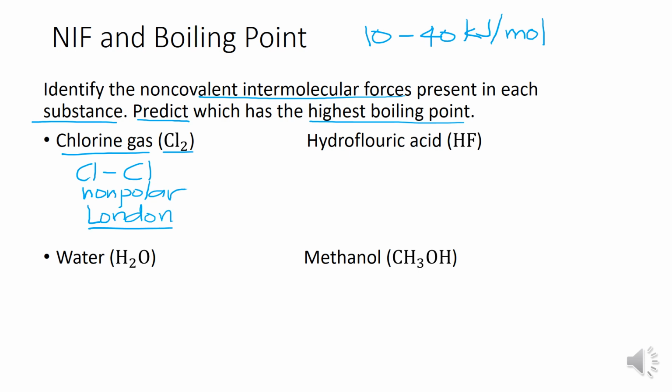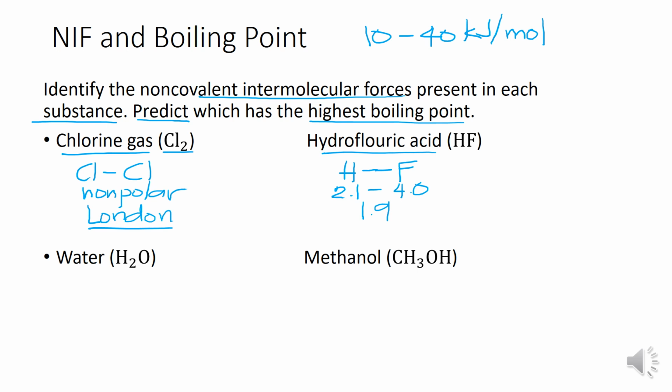Now let's consider hydrofluoric acid. We have hydrogen bonded to a fluorine atom. First, let's determine whether this bond is polar or nonpolar. Let's compare electronegativities. For hydrogen, that's 2.1. For fluorine, that is 4. The difference between these two values is 1.9, which is greater than 0.5.